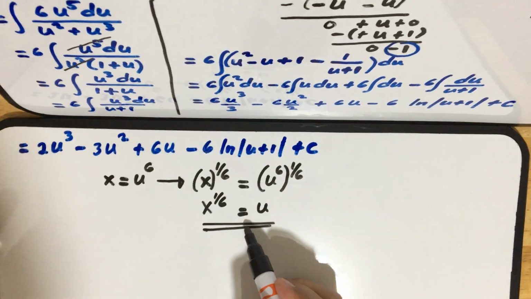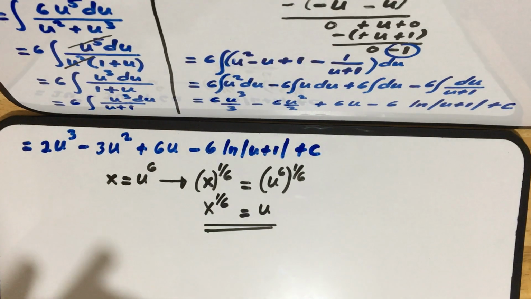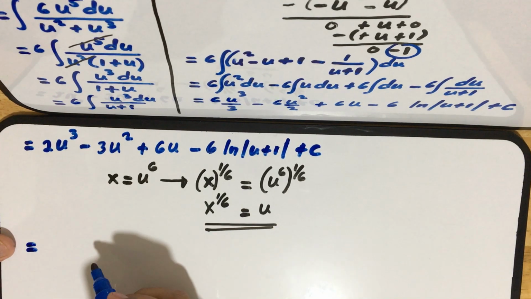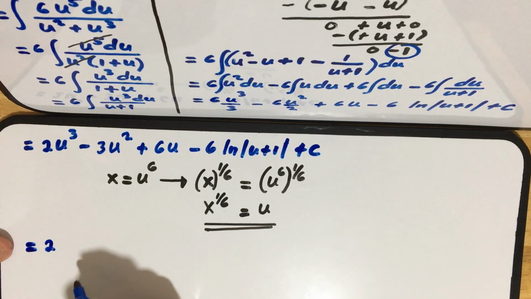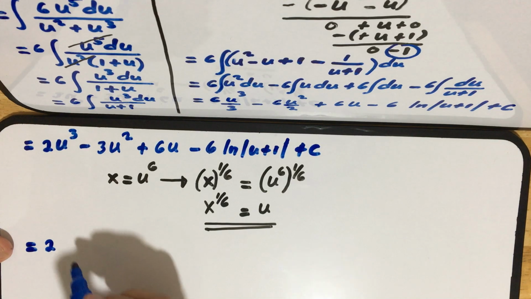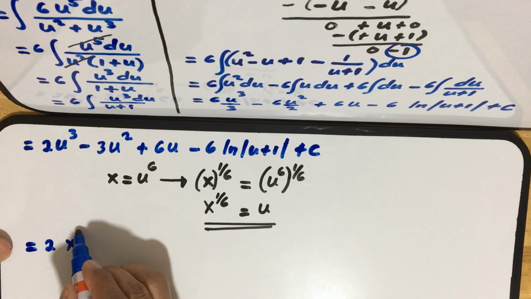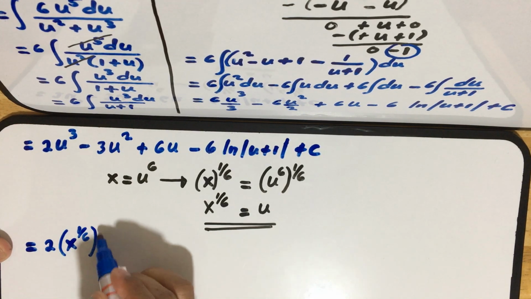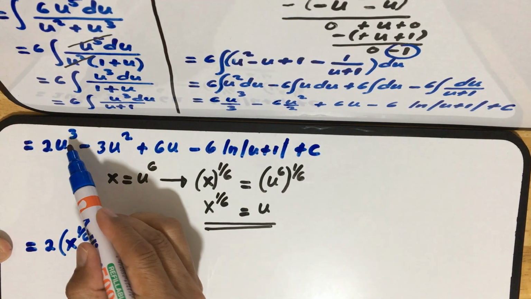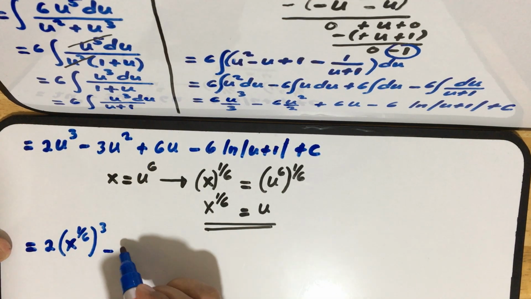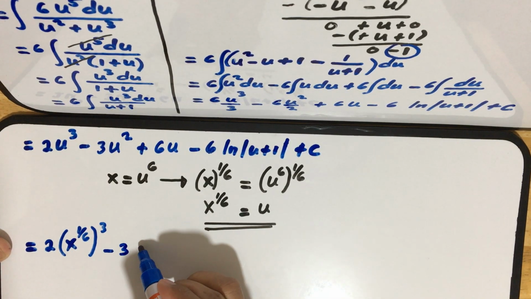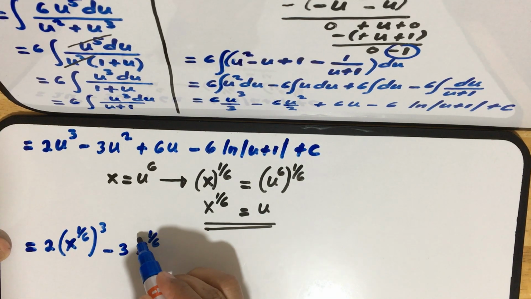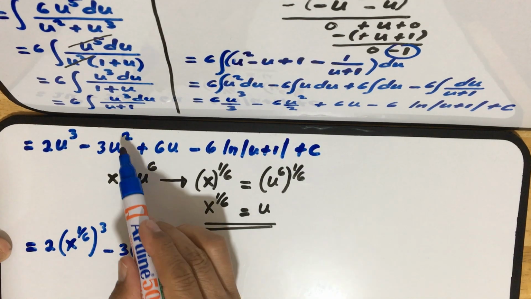Okay, so substituting u into this equation, we have 2 times u, where u is x to the power 1/6, then raised to the power 3. Then minus 3 times u, where u is x to the power 1/6, then raised to the power 2, right?